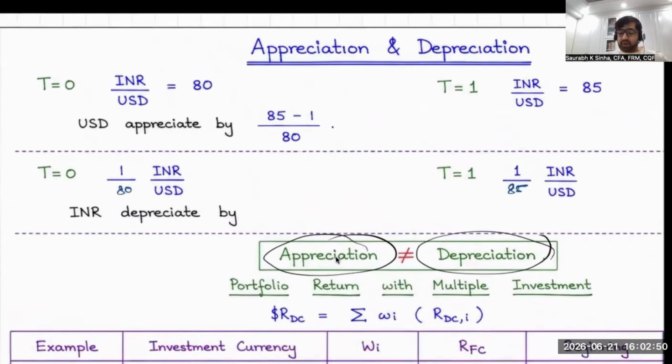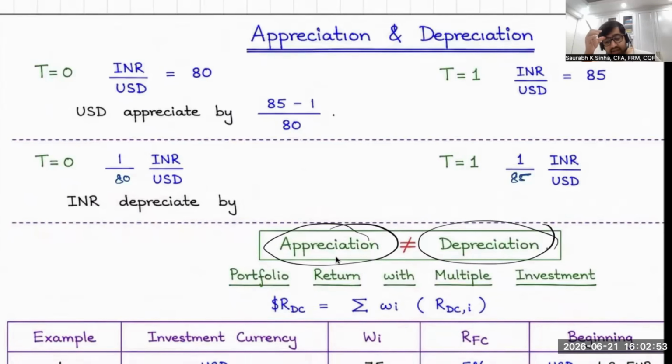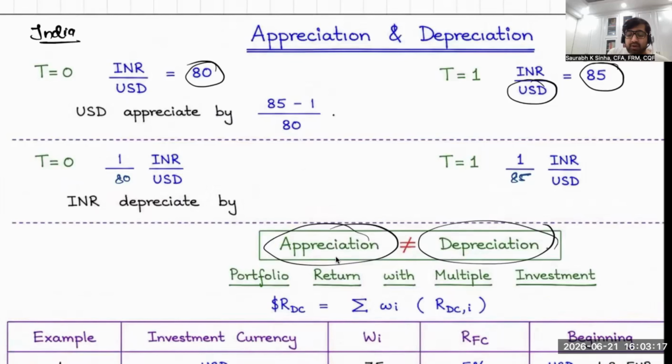And to highlight that, I want to explain that appreciation of one currency is not equal to the depreciation of the other currency. Okay, so assume we are talking about INR and USD, and one USD is trading at 80 INR at the time of investment, and after 1 year, one USD is equal to 85 INR. So definitely there is an appreciation. And we are talking from the perspective of an investor from India.